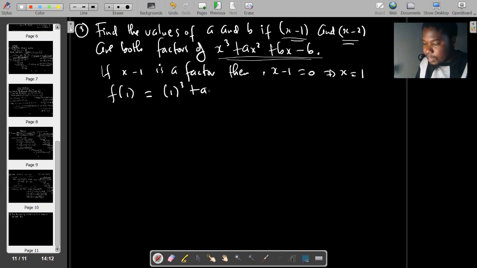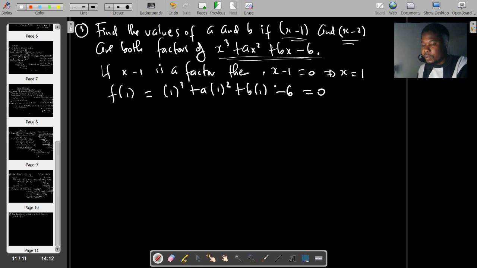So where there's x, we put 1 cubed, plus a times 1 squared, plus b, we put 1 there, minus 6. This should give us 0 because they have told us that these two are factors. That means if we substitute x equals 1 into the polynomial, it should give us 0.